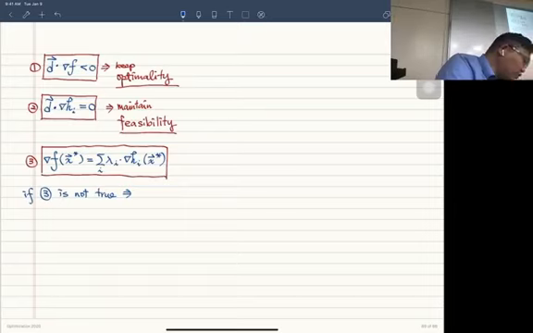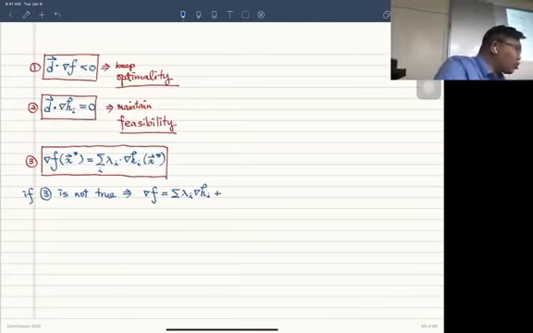If it's not true, then this gradient f could be written as the summation of lambda i times gradient h i, and we can add another term, some arbitrary term, but this arbitrary term is a vector. Let's call this vector u, some u vector.